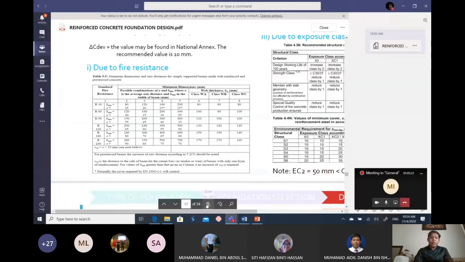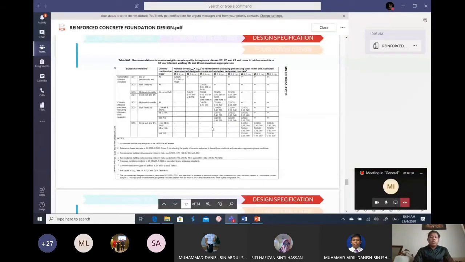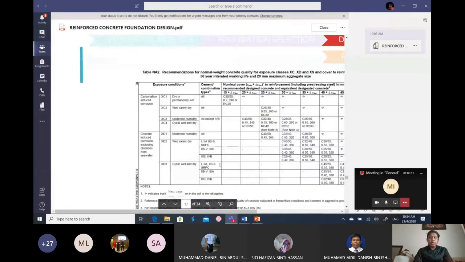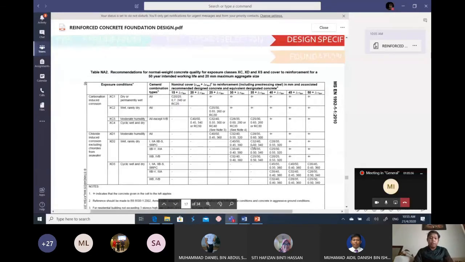Next, this is a proposed nominal cover made in the National Annex, because in the National Annex each country has its own specification. For example, in Malaysia the experts already developed this table to make it easier for us to check the minimum requirement of the foundation based on the exposure class.